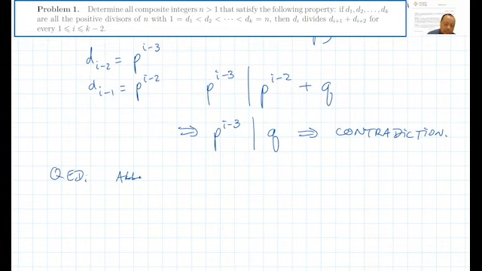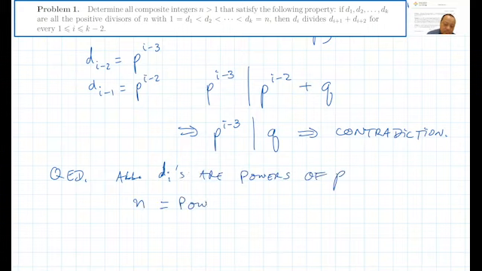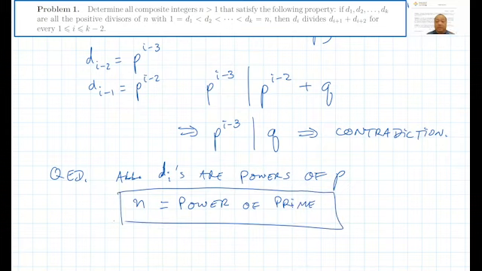QED. And the answer is that the composite number n must be a power of a prime.